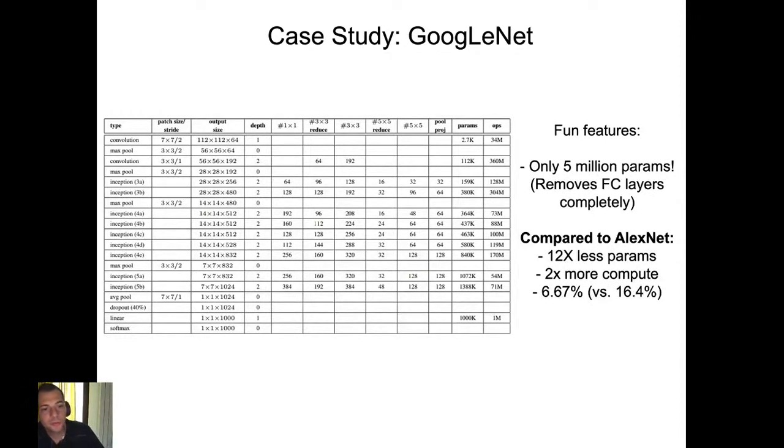They also removed the fully connected layers, so once again the number of parameters is reduced because of this. And they use slightly more memory than AlexNet, but the computational time is only twice as big with respect to AlexNet.